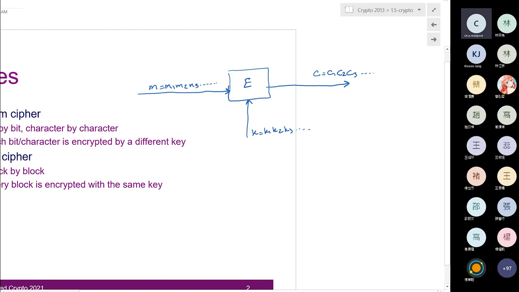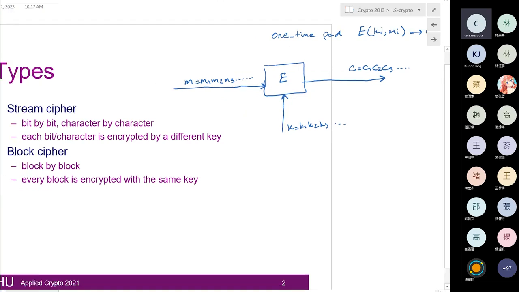So if I want to define this key function, for example, we've seen the one-time pad algorithm, where encryption of k_i and m_i would output c_i, right? So it would take the ith bit of the message and the ith bit of the key, and would output the ith bit of the ciphertext.